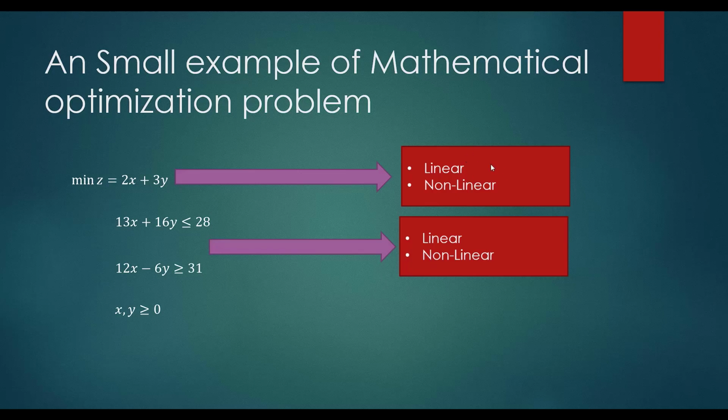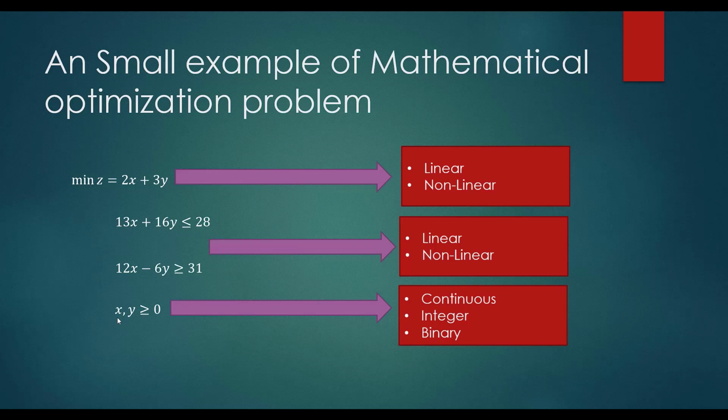For a non-linear objective function or non-linear constraints, the problem is more complicated. Here the decision variables are continuous, but they may be integer or binary. There are different conditions when we formulate mathematical programming, depending on our situation, so we have different kinds of optimization problems.